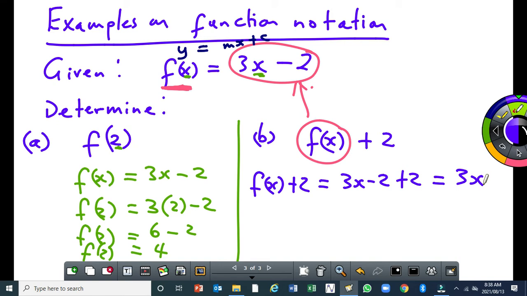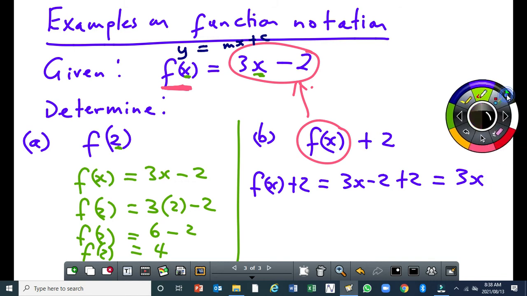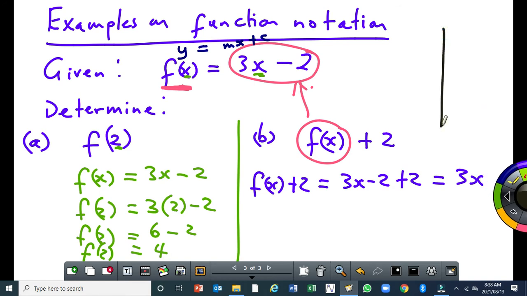I'm allowed to do this in this class, to provide you with more information. Let me try to sketch it here. This graph has a y-intercept at y equal to minus 2. Sorry, the y-intercept is negative 2.